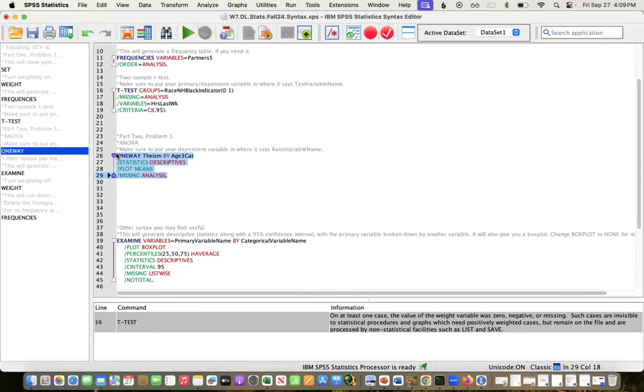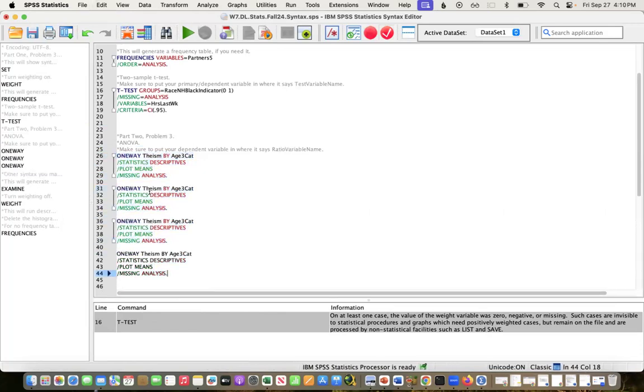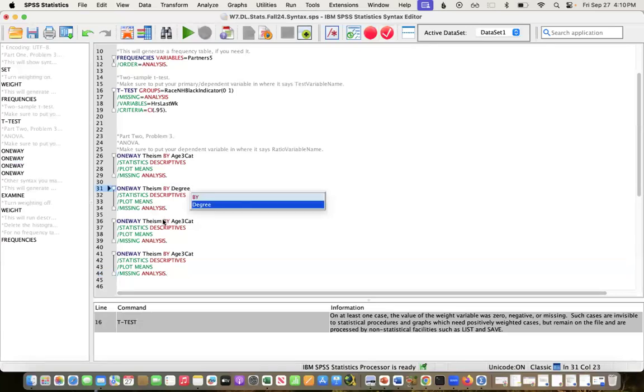Why don't I just do the other ones I want to do as well? So we have 3 that by degree, and then we can also look at this with the hours worked last week.